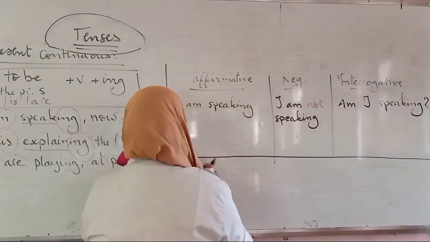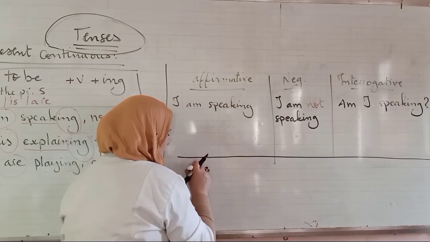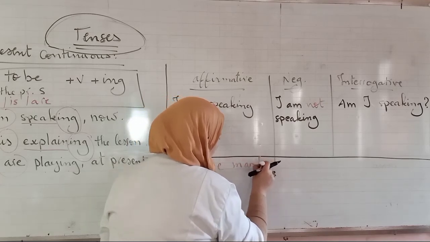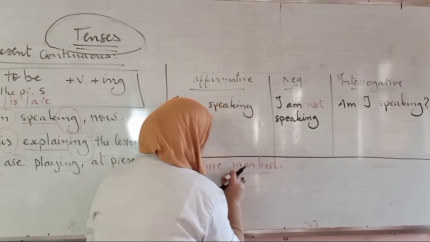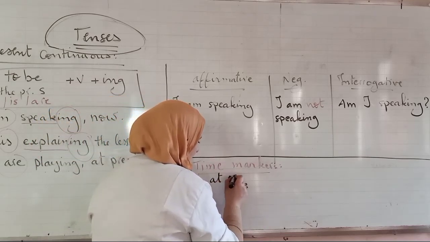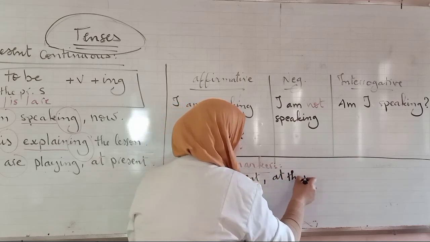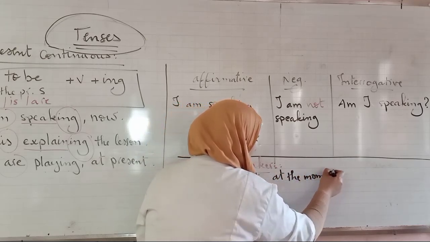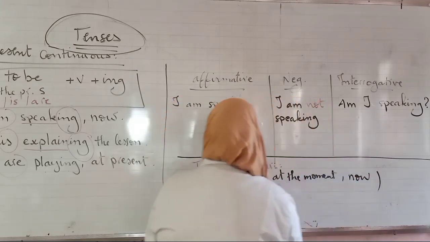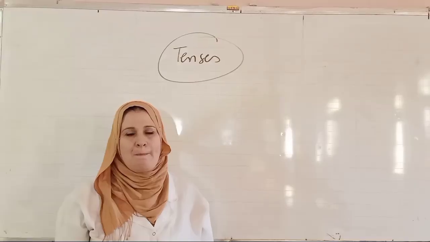The time markers, this tense is easy. We can manipulate it and do it easily. We have at least three time markers that are at present, at the moment, and now. These are the time markers of the present continuous tense.